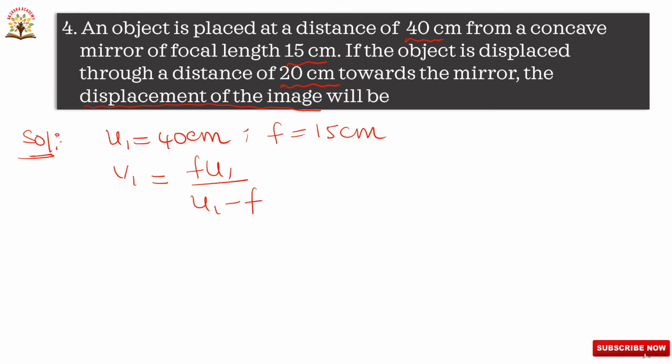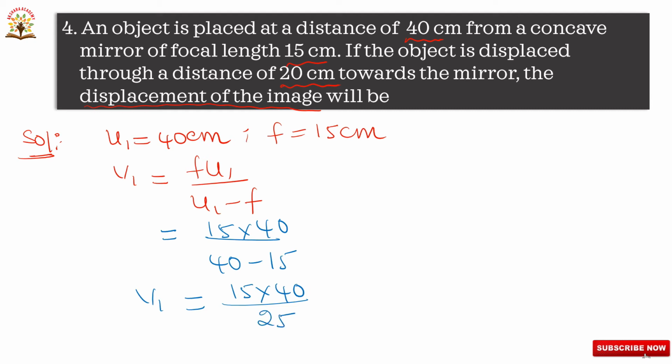Substituting values, that is equal to 15 into 40 by 40 minus 15, which is 25. Simplifying, v1 is equal to 24 centimeters.